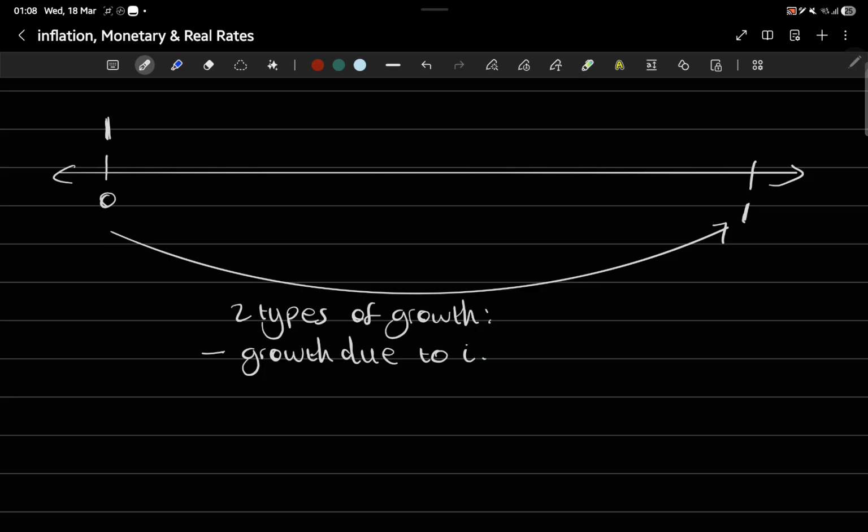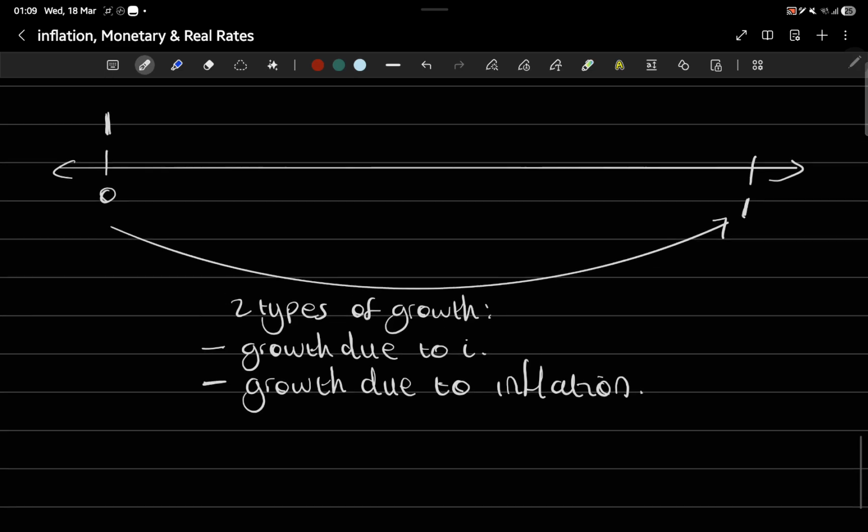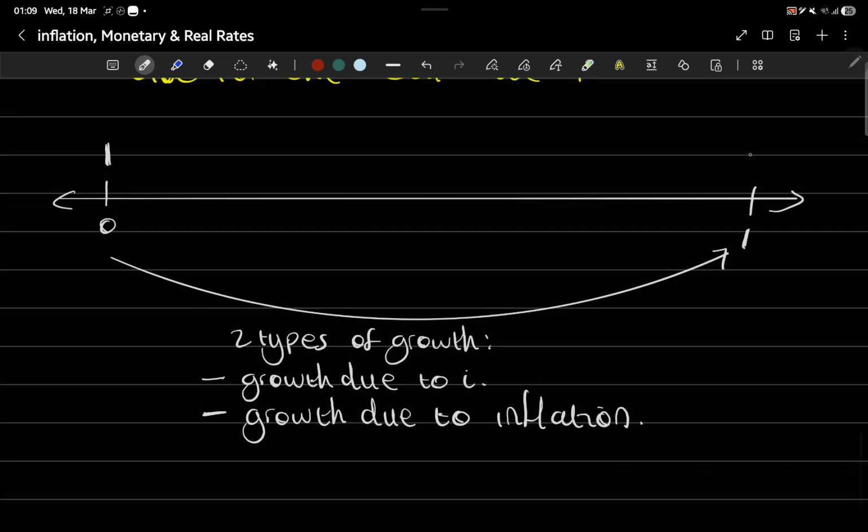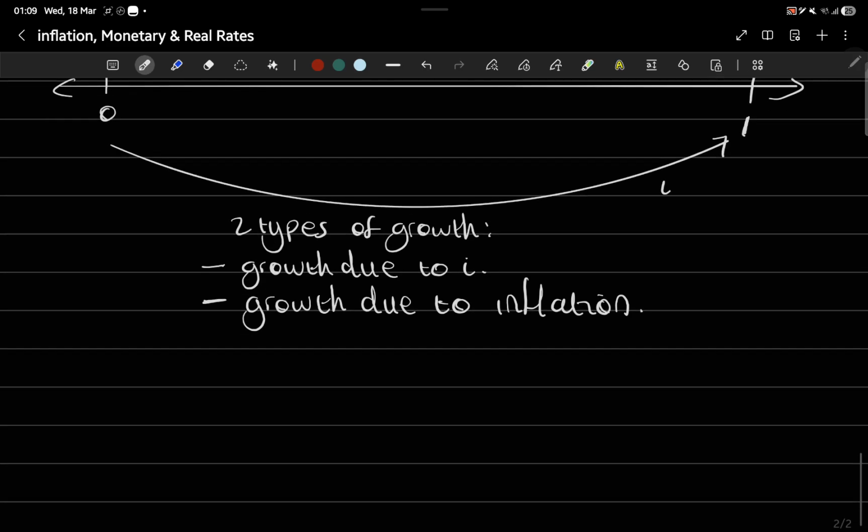So we know this, when you put a certain amount in a bank that earns interest, compound interest, the interest compounds and causes the amount to grow. So there's growth due to interest, but also realistically in the economy, we have to account for the fact that there's growth due to inflation. Getting to this amount here, 1 plus I, is the accumulated amount of 1 rand at time 1, if we assume the interest rate is I. This accumulated amount at time 1 is growth due to the real rate of interest.